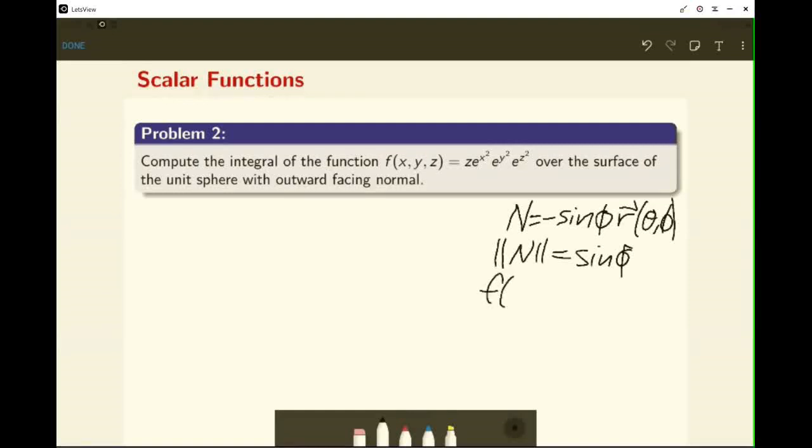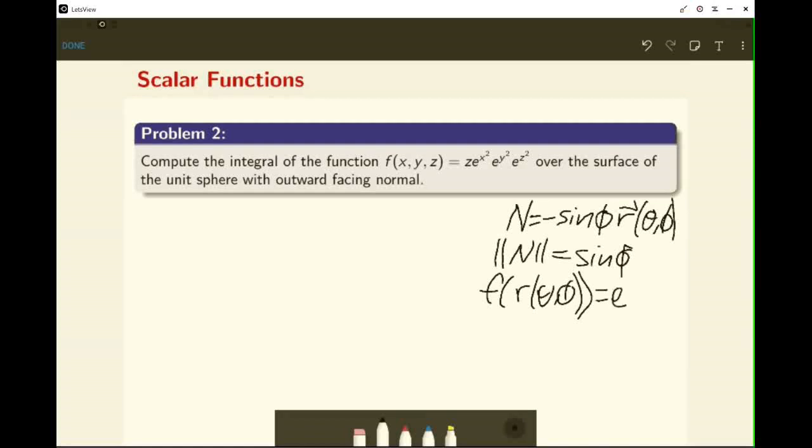Then if we were to look at f of r of theta phi, we can see that the exponential terms, e to the x squared, e to the y squared, and e to the z squared, are going to wind up being just e to the r squared. We're on the unit sphere, so r is 1, and so that just gives us a factor of e.